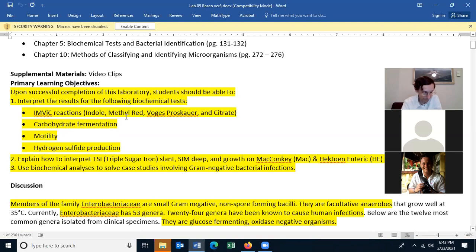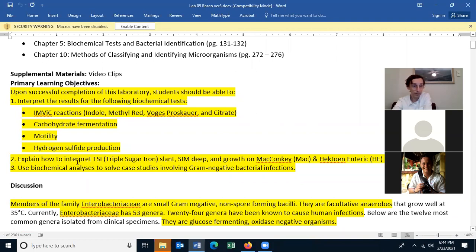That could be glucose fermentation, lactose fermentation, mannitol fermentation, inositol fermentation, and one other sugar which I've forgotten. So we've got 6 different carbohydrates you could test in our lab. There's the motility test and the hydrogen sulfide production test.